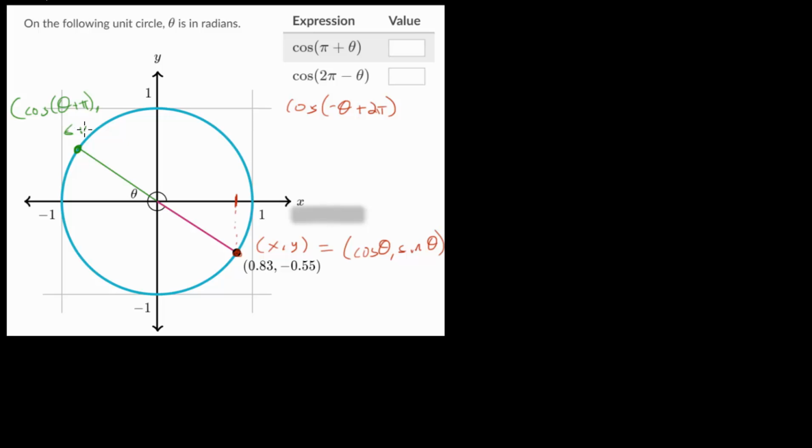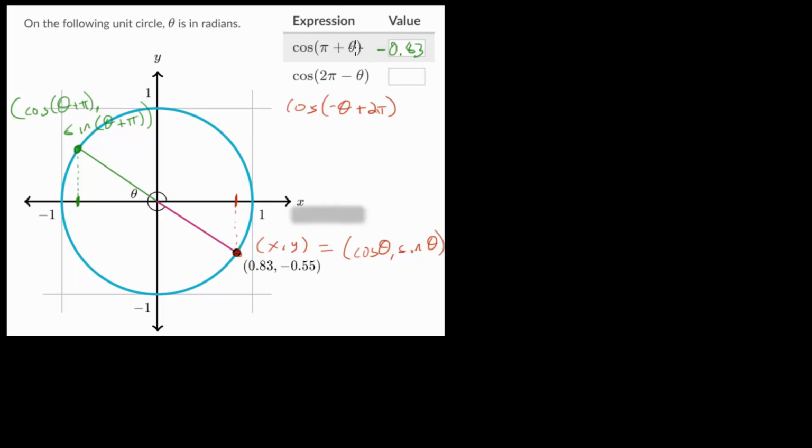Let me write that down here. The sine of theta plus pi radians. And if we look at its x value, we can see that would be right here. And if we compare the two x values, it looks like adding pi radians or 180 degrees brings us to the exact opposite x value, meaning that the value of this expression would be the opposite of the x value here, or minus 0.83.